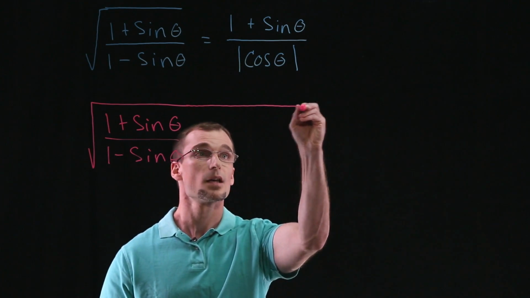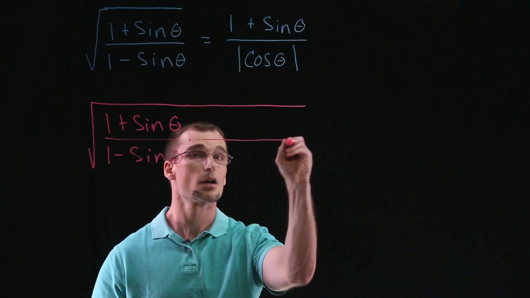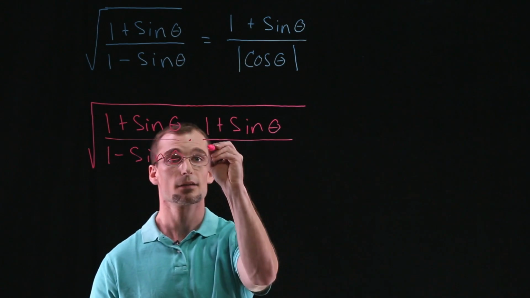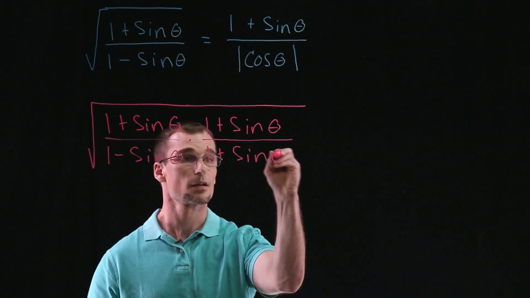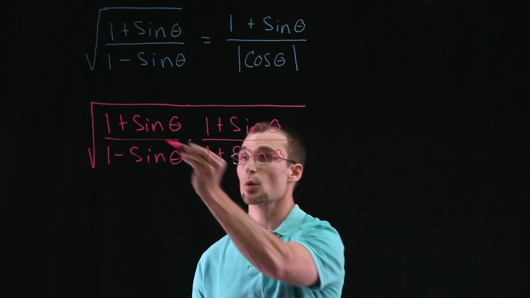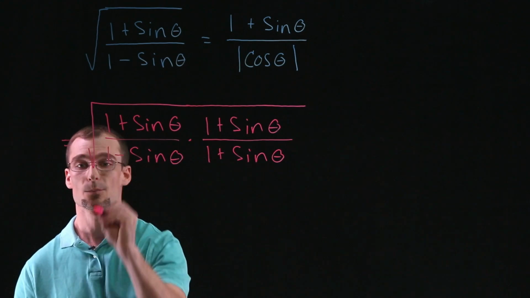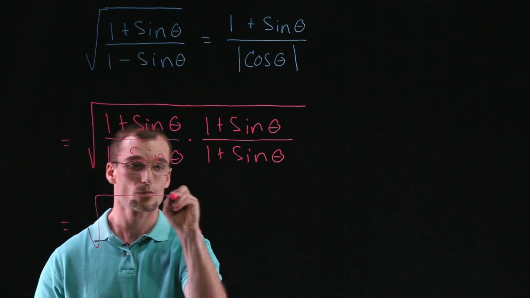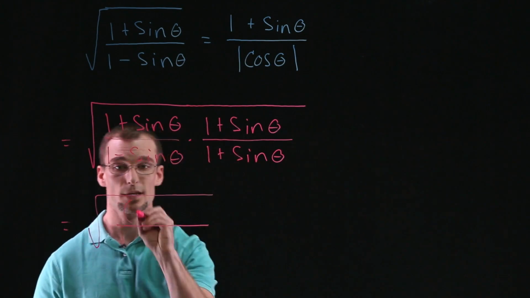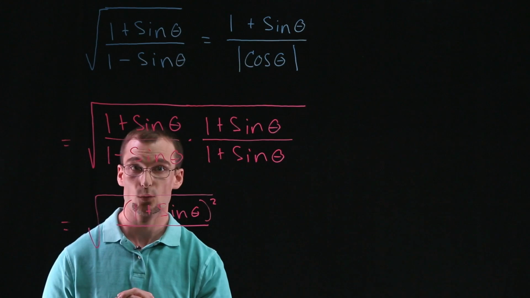We're going to develop that by multiplying underneath our square root by 1 plus sine theta divided by 1 plus sine theta. Technically we're multiplying by 1, not really changing the expression, but 1 plus sine theta times 1 plus sine theta gives us 1 plus sine theta squared. So in the numerator we'll have the quantity 1 plus sine theta, squared.